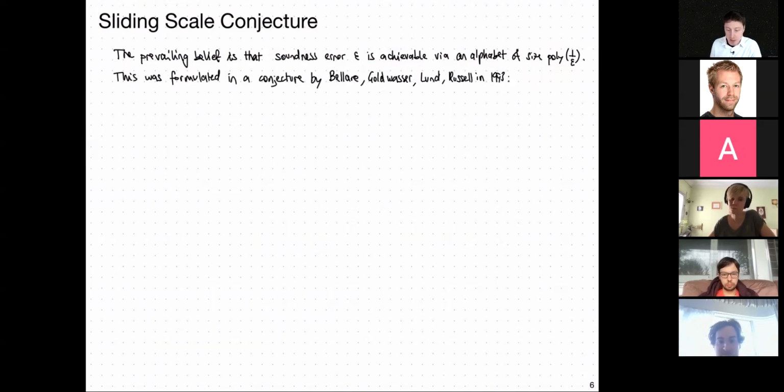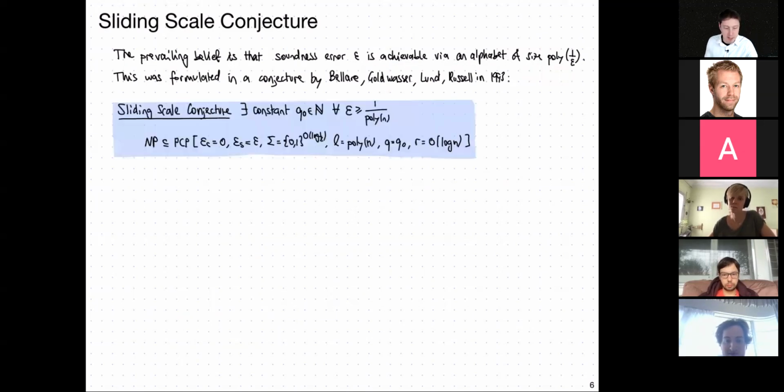This was actually conjectured a long while ago in a paper by Bellare, Goldwasser, Lund, and Russell, '93, something that is known as the sliding scale conjecture. It says that there is some constant number of queries, maybe not 2, maybe it's like 55, such that for any error that is at least 1 over poly, you can simultaneously achieve polynomial proof length and soundness error epsilon that is potentially subconstant. And yes, you're going to take a hit in your alphabet size. All right.